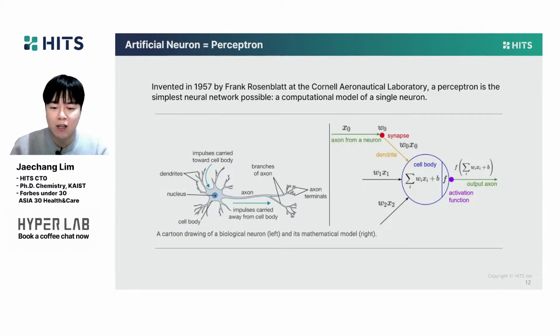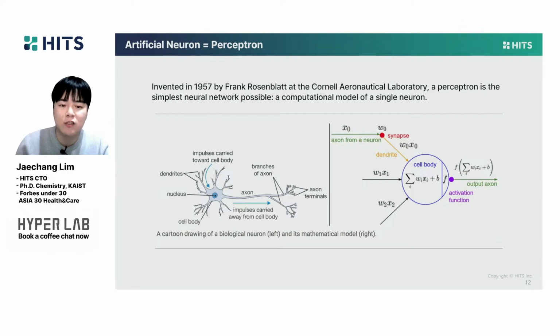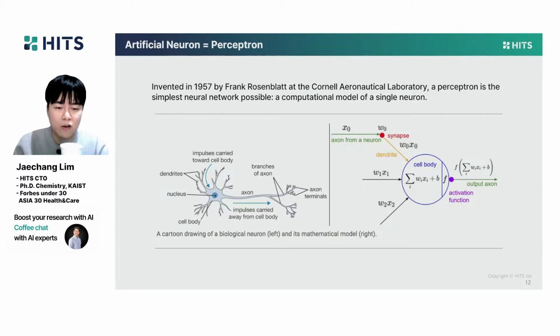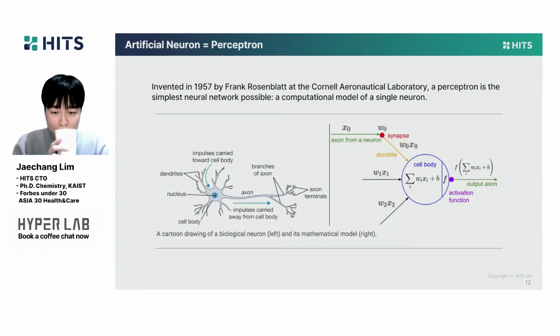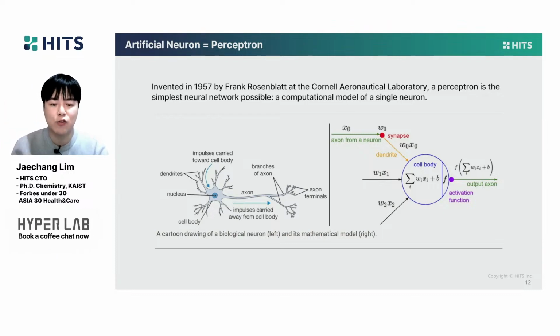Like the brain's dendrites, the perceptron has input channels that receive signals, and it has weights representing the strength of synaptic connections, as shown in the figure. By multiplying this, we can calculate the sum of signals received by a specific neuron. Then by adding a unique bias value to each neuron to determine the total signal strength and putting this value into an activation function like the sigmoid function we discussed earlier, the final output is produced. Through this, we can create a virtual mathematical model which we call an artificial neuron or perceptron.